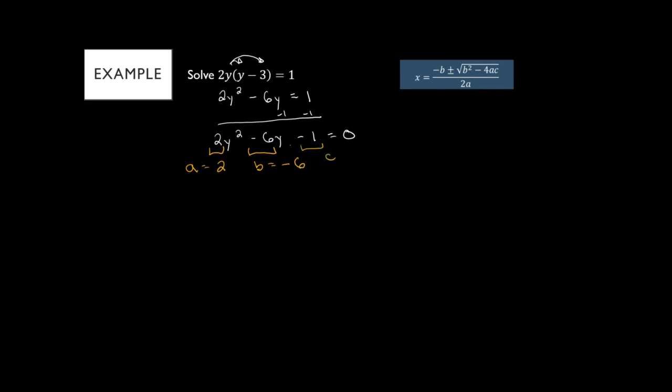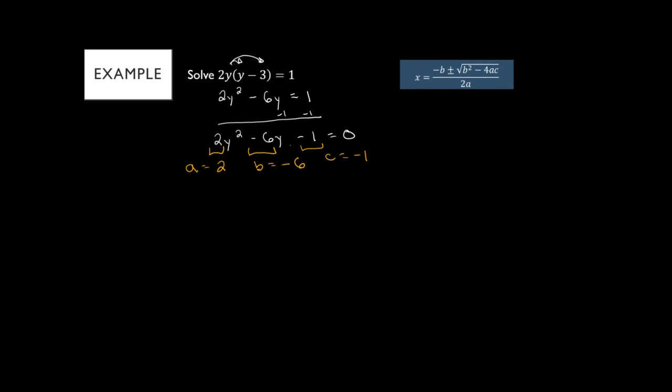And then c is -1. So it gets very tedious doing these problems. If anybody asks you what's tedious about math, it's definitely using the quadratic formula because you're just doing the same thing over and over and over again.